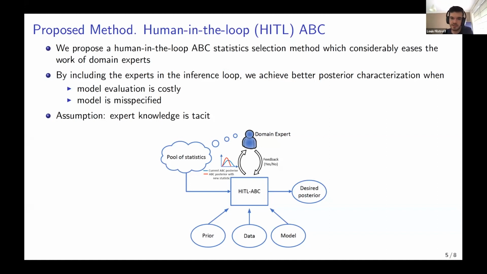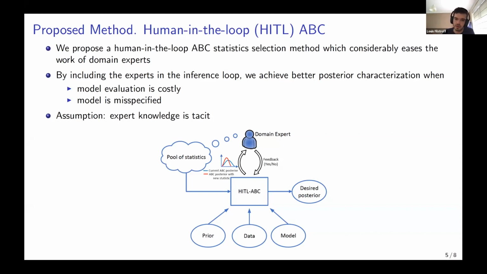knowledge of the expert is tacit. So if you take a look at this little figure, it means that the domain expert has some tacit knowledge about what are good statistics to use, but this knowledge needs to be elicited.